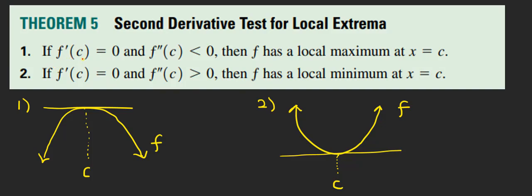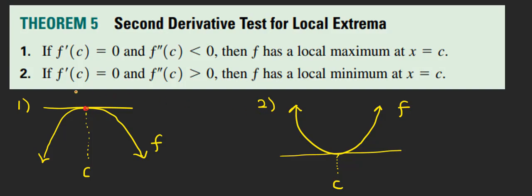If f prime of c is equal to 0, which means that there is going to be a horizontal tangent line when x equals c, and if f double prime of c is less than 0, which means the second derivative at c is negative, that means f is concave down. Then f has a local maximum at x equals c. So this point right here becomes a local maximum.